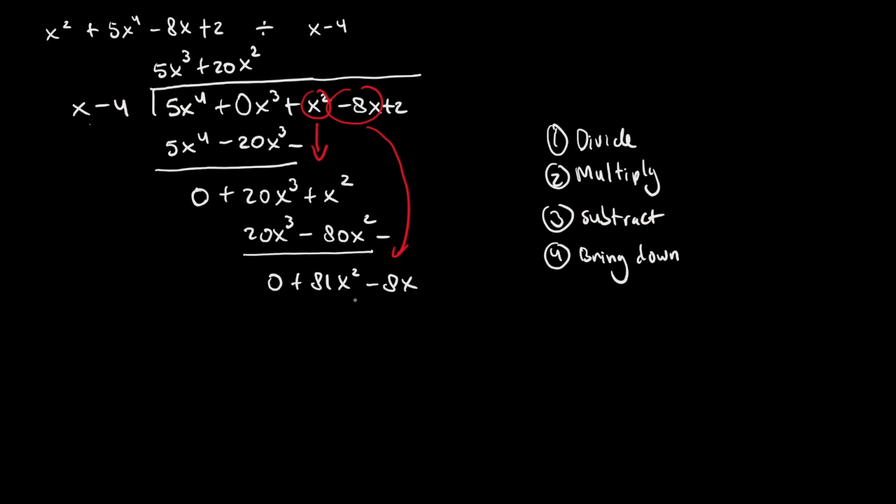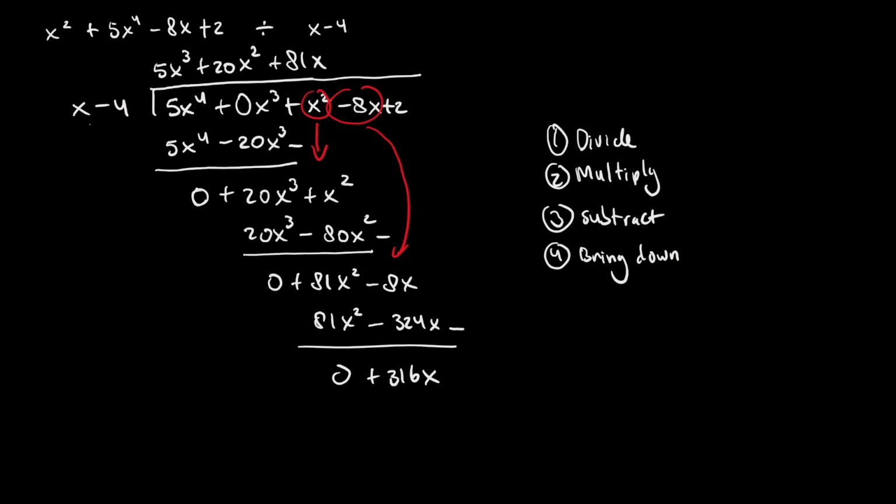So it is 81x to the power of 2 divided by x. That is going to be positive 81x. And this will give us 81x squared minus 324x. And then subtract. Again, another double negative. So that is going to give us positive 316x.